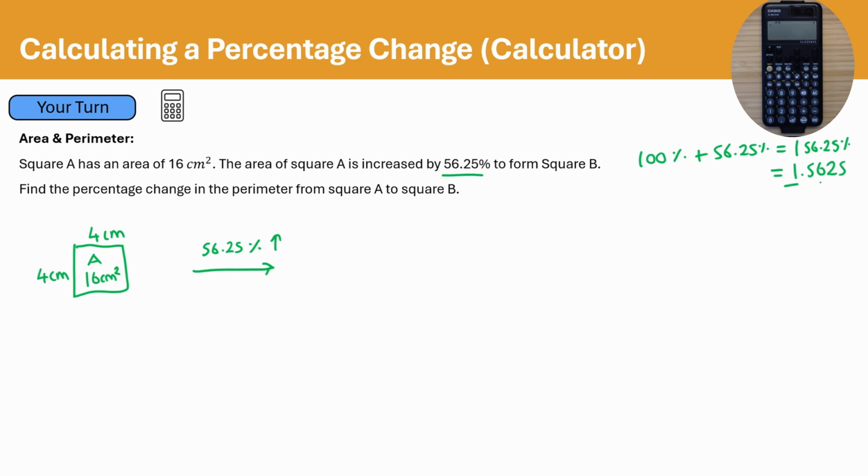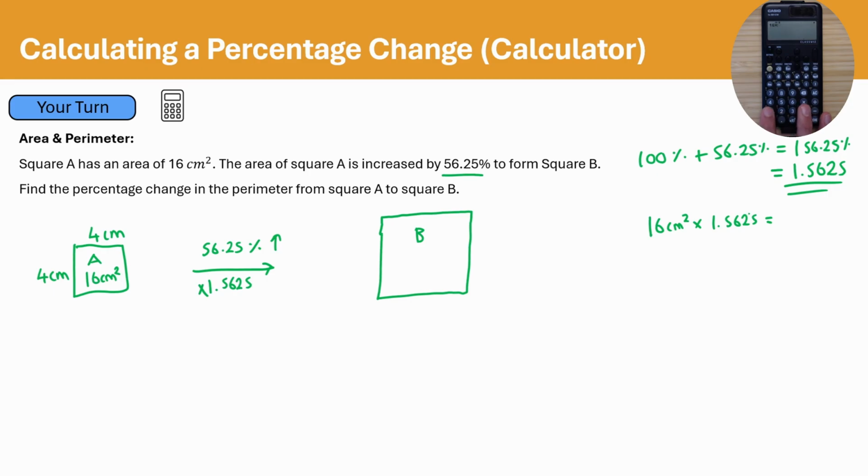It gives you this multiplier of 1.5625. Now, if you noticed, it was the area that was increased, so I do have to be careful there. The side lengths have not been increased by that much, but the area has. I'll draw out my new square, not the best drawer in the world. And I'll take my area of 16 centimeters squared, and I'll increase it by 1.5625.